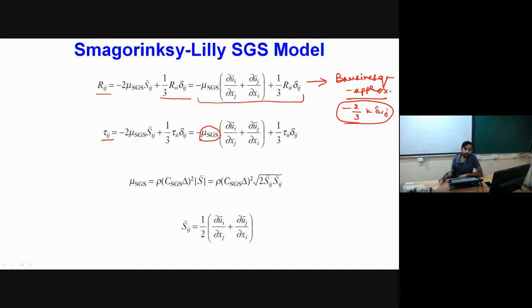If you recall the RANS simulations, for determining this eddy viscosity, we used Prandtl's mixing length. So we had different criteria. For example, in the k-epsilon model, we specified velocity scale and length scale in terms of kinetic energy and its dissipation, and based on that we obtained the eddy viscosity.